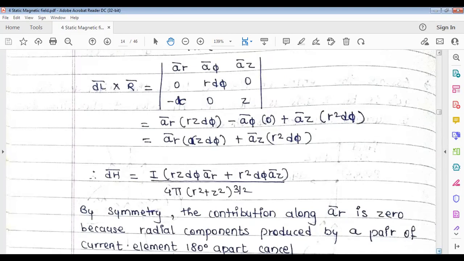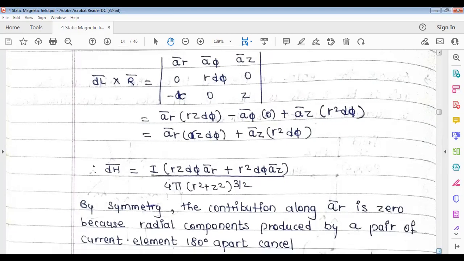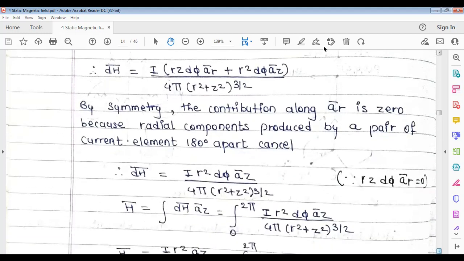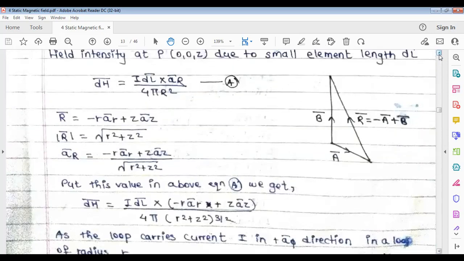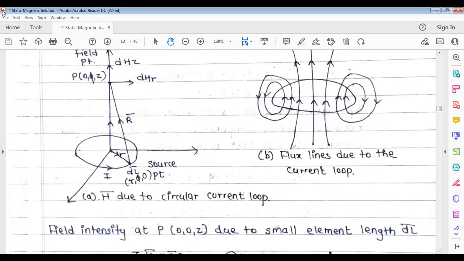Now this a bar r term is getting cancelled here because we are going in radial directions. I'll show you here. Just see this figure. This is the center of your loop. This is one circular loop, and this origin is nothing but the center.